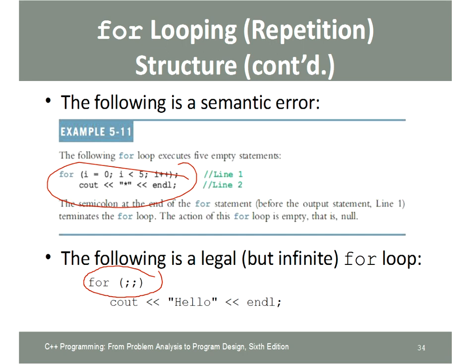So can we use the for loop as a while loop? Well, sure. It will not make sense, but you can write int x equals 0, and then for loop, semicolon, x less than 5, semicolon, and close the body of the for loop.